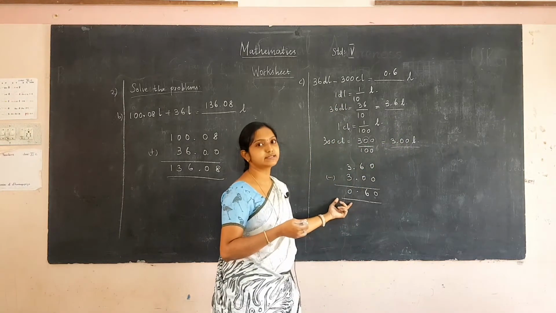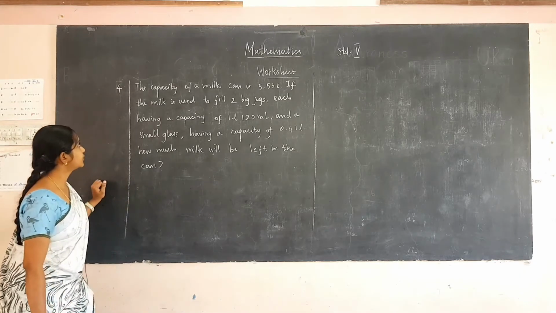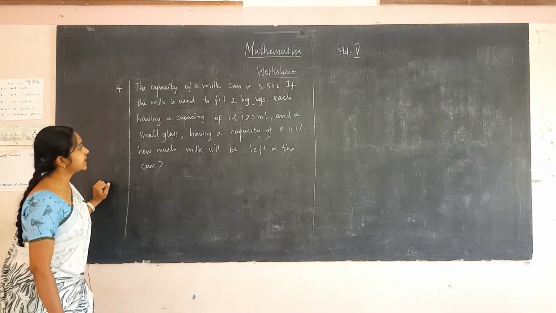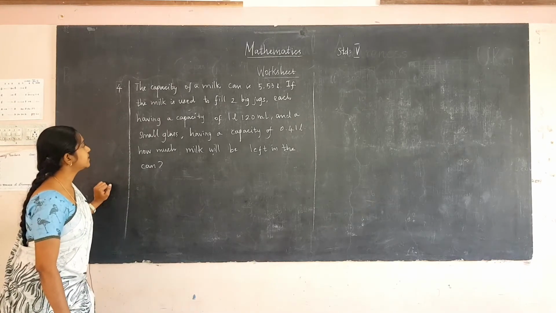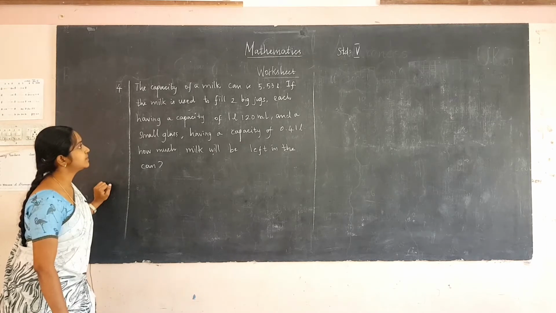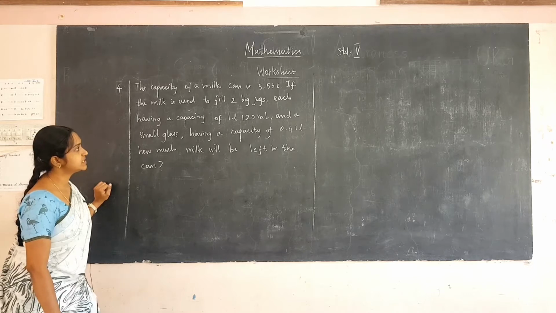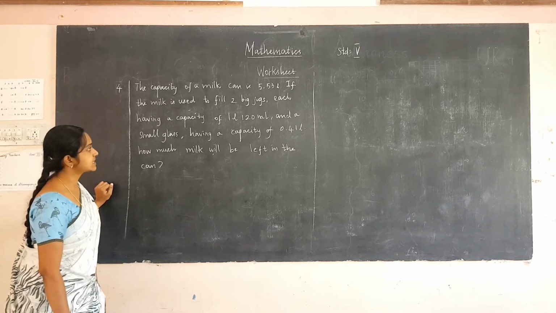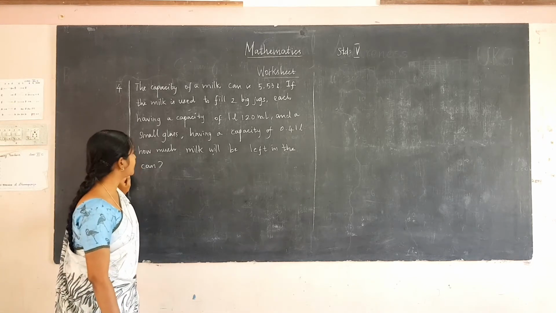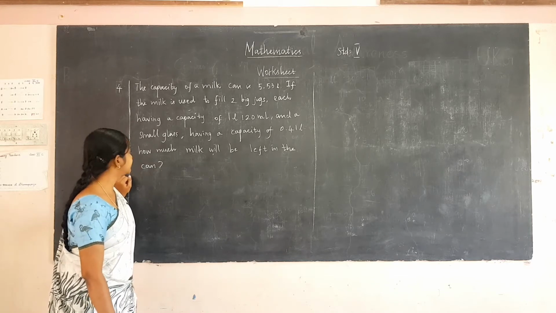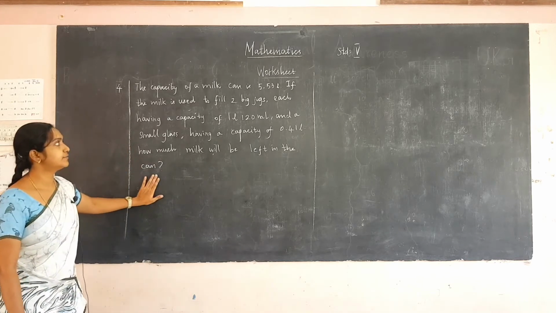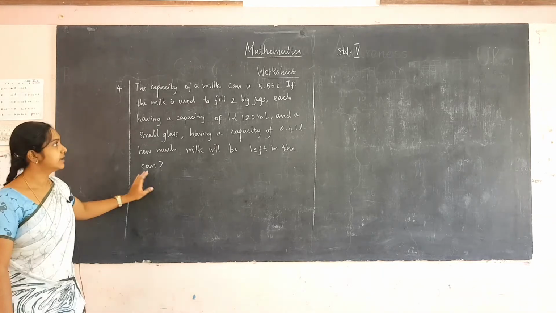The fourth question is, the capacity of a milk can is 5.53 liter. If the milk is used to fill two big jugs, each having a capacity of 1 liter, 120 milliliter, and a small glass having a capacity of 0.41 liter, how much milk will be left in the can? We have to find milk left in the can.